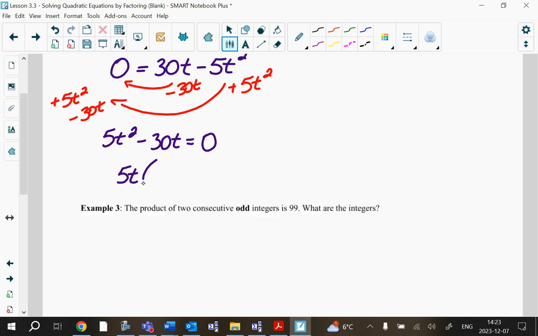And when I do that, I am left with t minus 30t divided by 5t, 6.